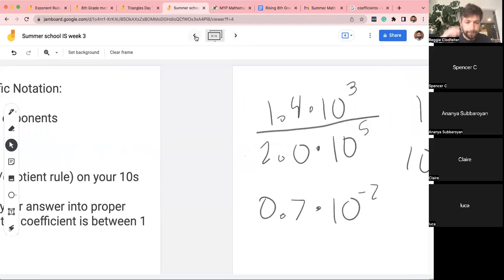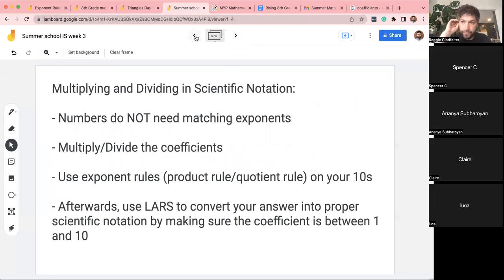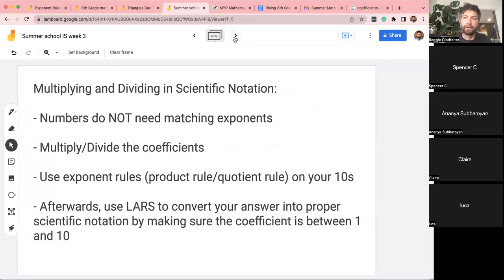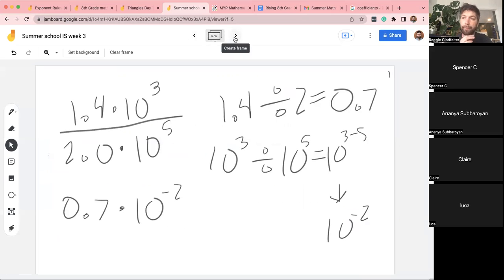And then my last step is I've got to use LARS to convert my answer into proper scientific notation to make sure that my coefficient is between 1 and 10. So right now, my coefficient is not between 1 and 10, it's smaller than 1. So I need to move my decimal so that it's behind the first non-zero digit.